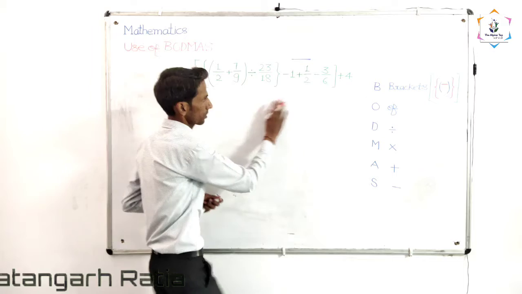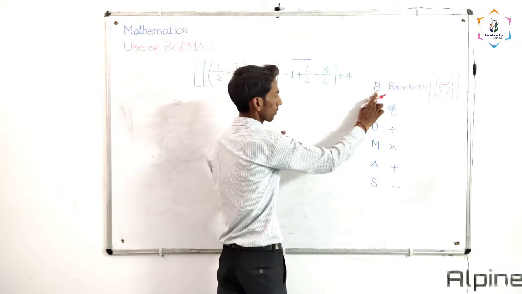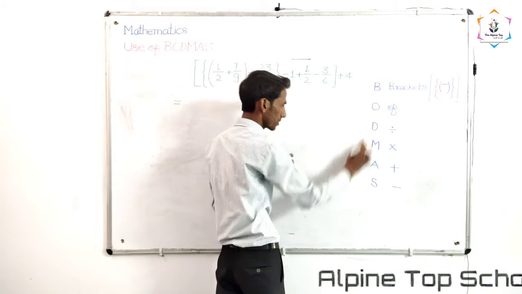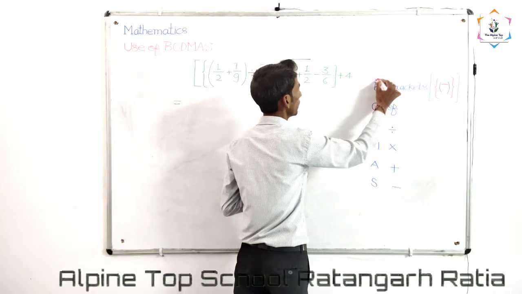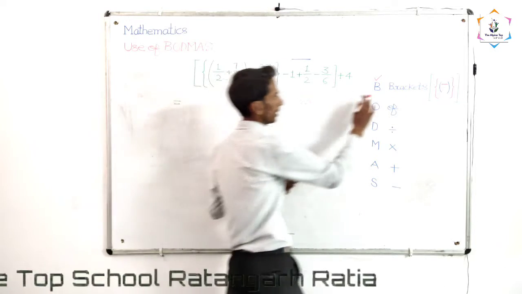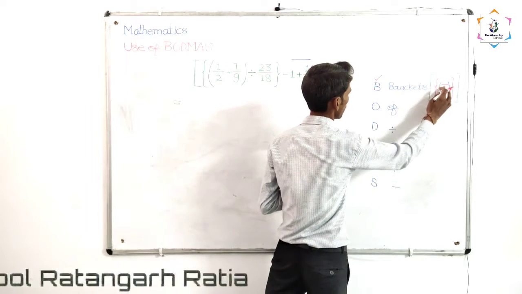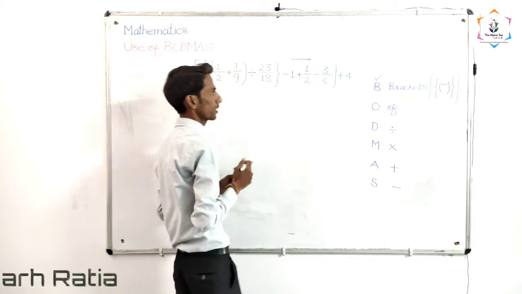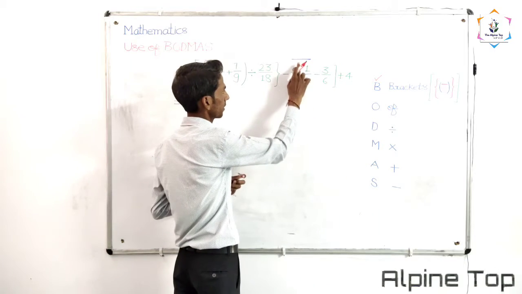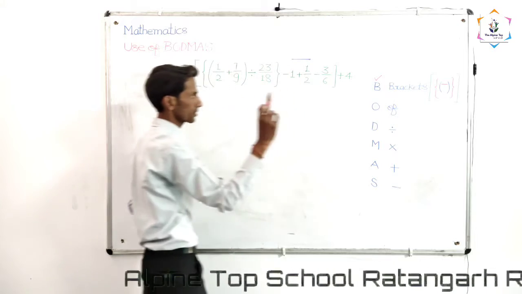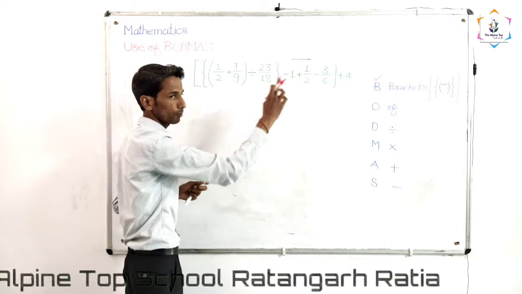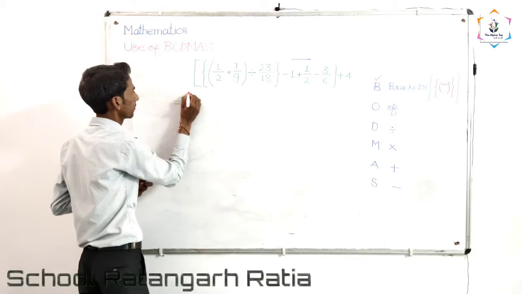According to the BODMAS system, according to the sequence of these letters, firstly B means brackets, and under the bracket system, firstly we have to solve the line bracket, and we are observing the line bracket, under the line bracket 1 and 1 by 2. It means in the first step we have to solve only these two numbers. How? See carefully.